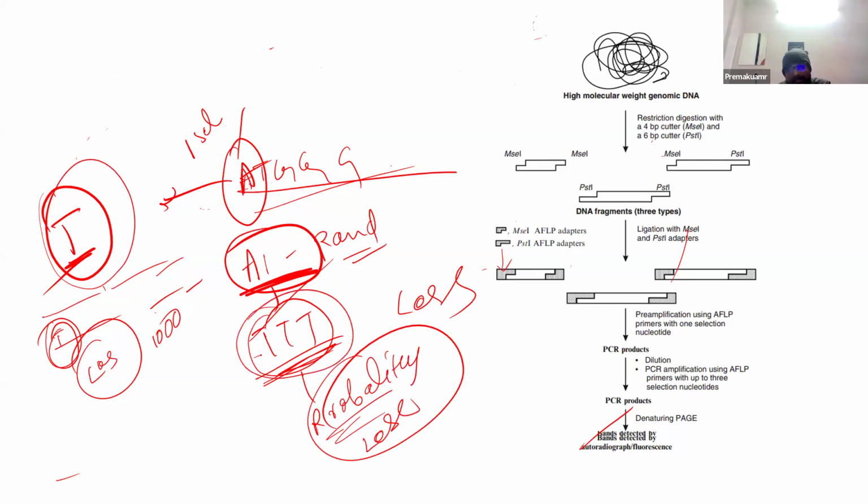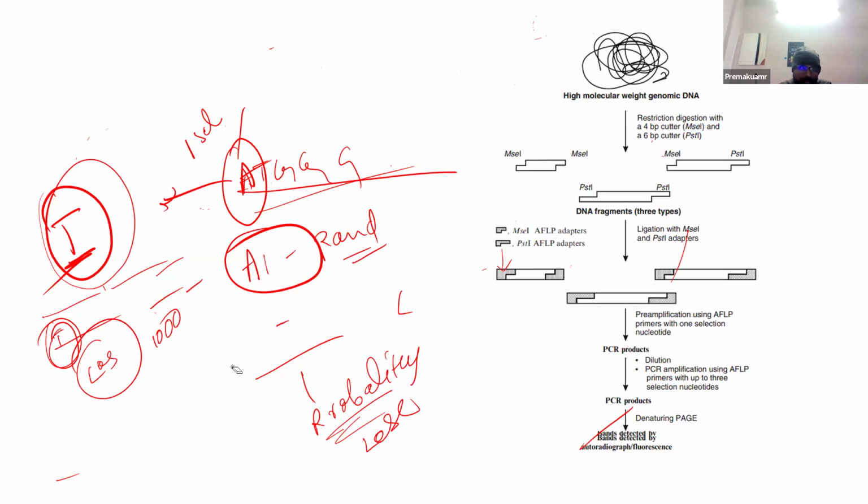The probability of these three selective nucleotides occurring together in the whole genome is very low. That's the logic behind this. Now we got the point.